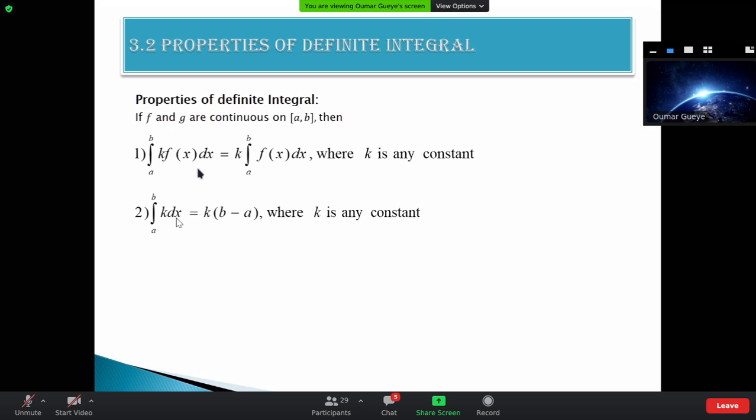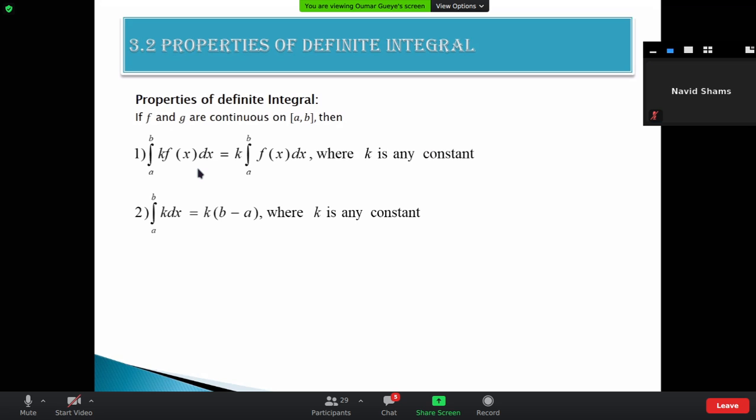Second case, when you integrate a constant, any constant, it is going to be k times (b minus a). So if you keep this formula in mind, you don't need to do the calculation. But otherwise, doing the calculation, what is an antiderivative of k? You guys can tell me?